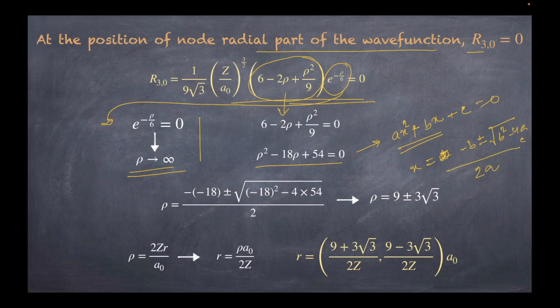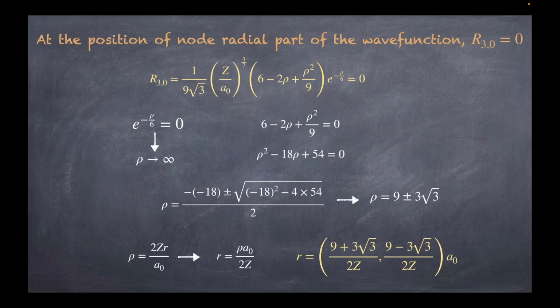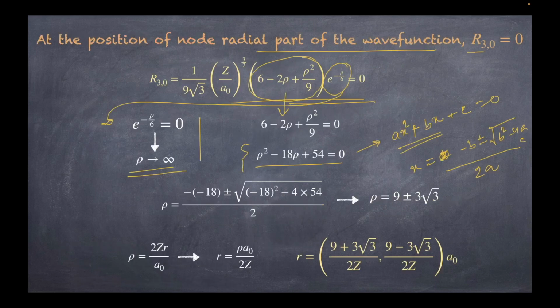So we can use this expression to solve this equation, where rho equals minus of minus 18 plus minus root over of minus 18 square minus 4 times 54 times 1, divided by 2 times 1. So we get rho equals 9 plus minus 3 root 3. Now we know that rho equals 2zr divided by a0.